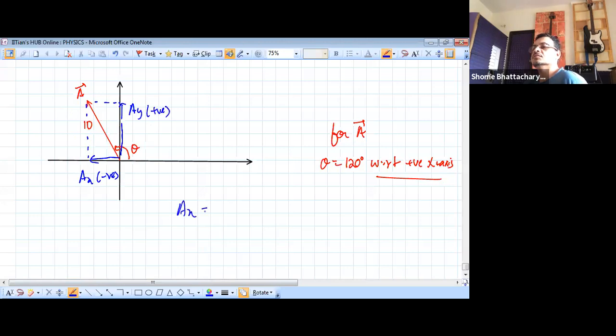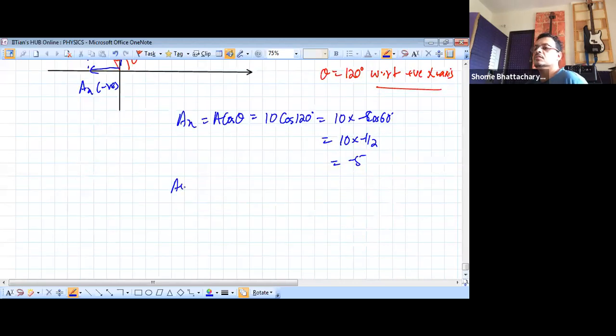So Ax, which is A cos theta, will become 10 cos 120. So that is 10 into minus cos 60, or 10 into minus half. So minus 5. And Ay will be A sin theta. So 10 sin 120 degrees. So that is 10 into sin 60, or 10 into root 3 by 2, or 5 root 3.